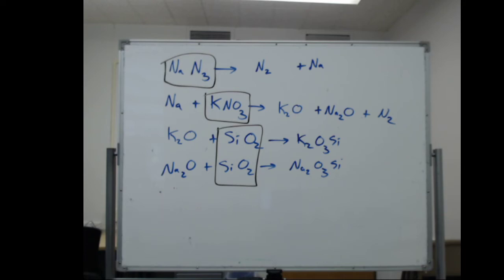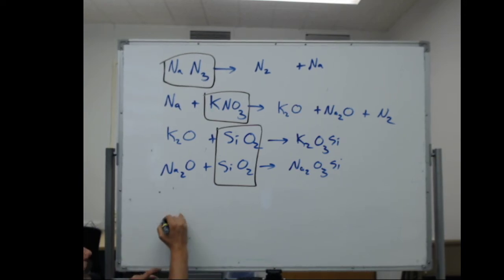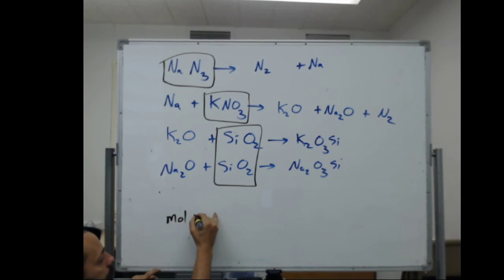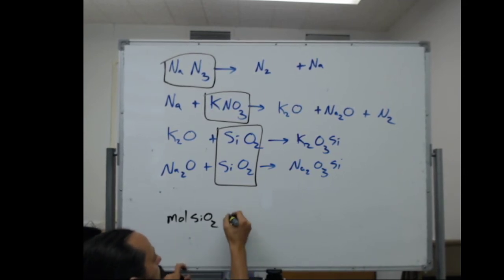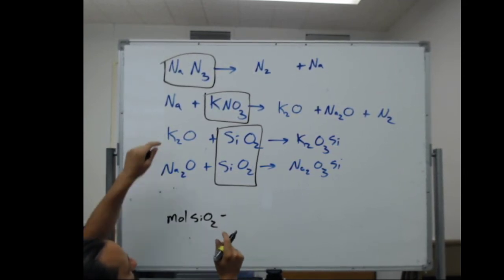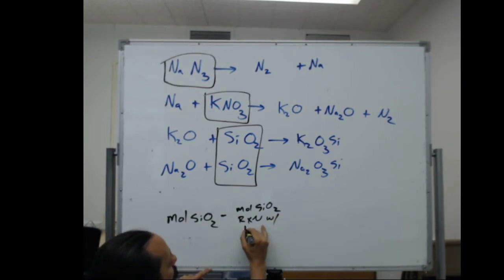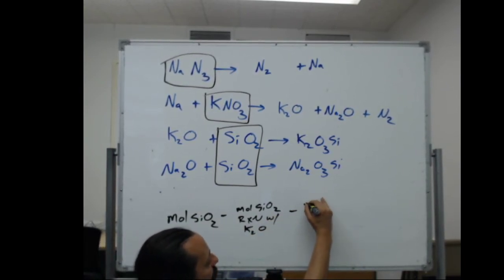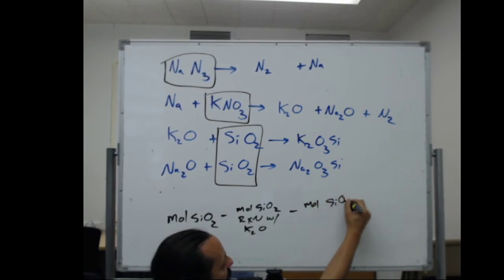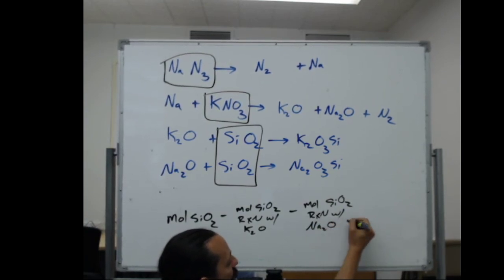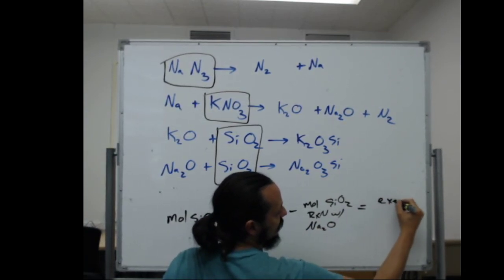So for part 2b, particularly that last calculation of how much silicon dioxide you have left over, you have to do moles of silicon dioxide minus the moles that react with K2O minus the moles of silicon dioxide reacting with Na2O to get your excess.